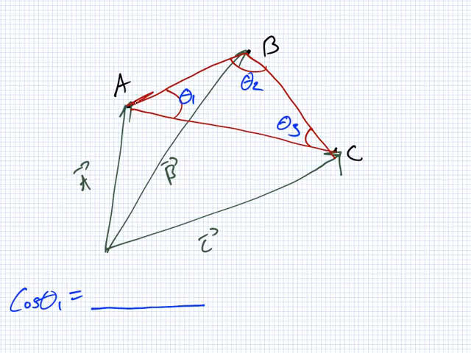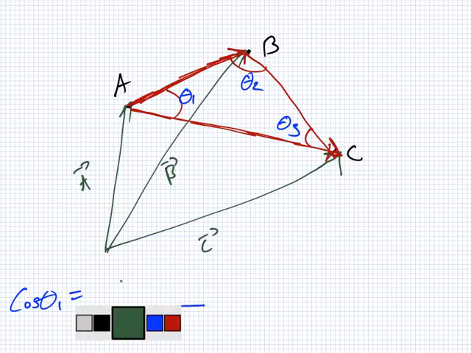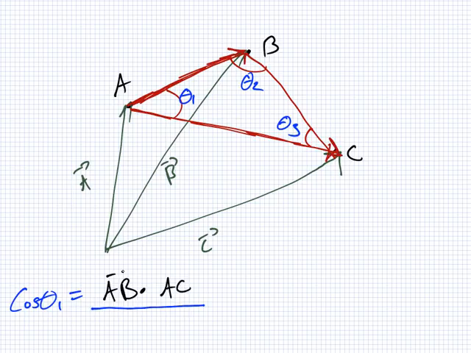What's this vector here? AB. And this vector here? So it's AB dot AC over magnitude of AB times magnitude of AC. Because these are the two vectors you're getting the angle between.